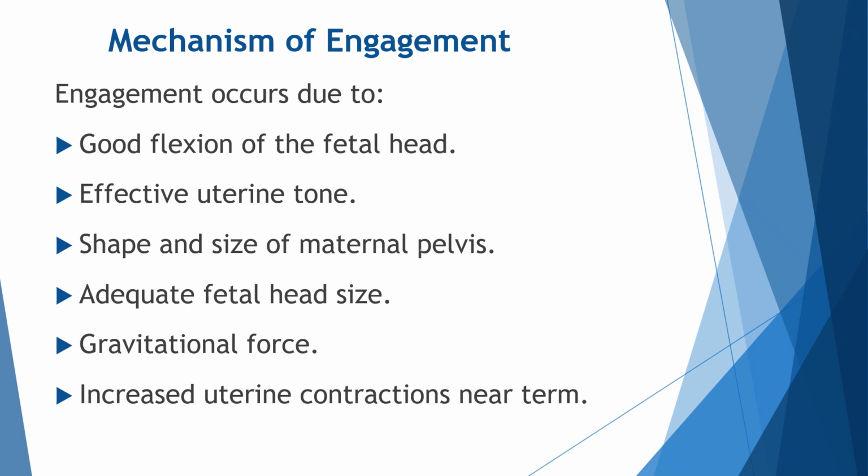At the same time, the size of the baby's head should be suitable for the pelvis. Finally, gravity also helps the baby's head descend, especially when the mother is standing or walking. A simple way to remember this is that engagement depends on 5 things: a well-flexed fetal head, effective uterine action, an adequate pelvis, an appropriate fetal head size, and gravity. These factors together help the baby's head engage before or during labor.